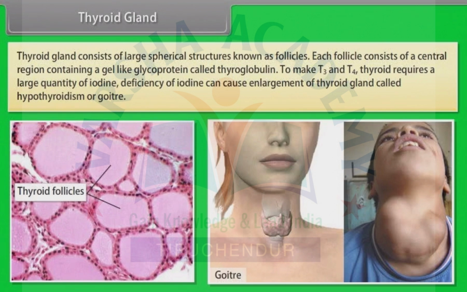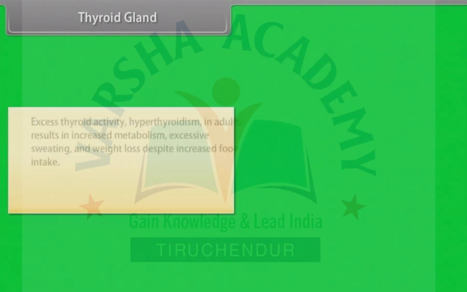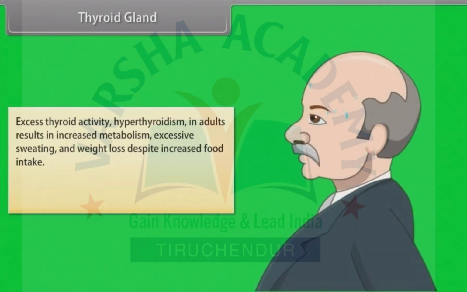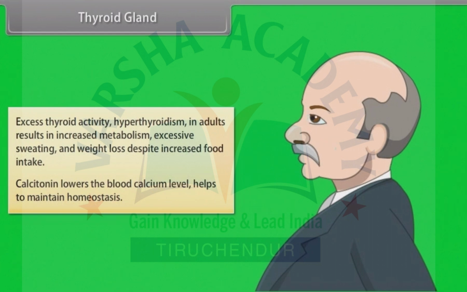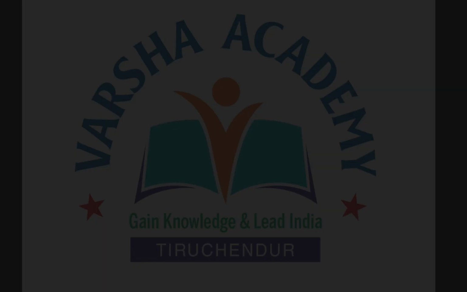Deficiency of iodine can cause enlargement of the thyroid gland called goiter. Excess thyroid activity, hyperthyroidism, in adults results in increased metabolism, excessive sweating, and weight loss despite increased food intake. Calcitonin lowers the blood calcium level, which helps to maintain homeostasis.